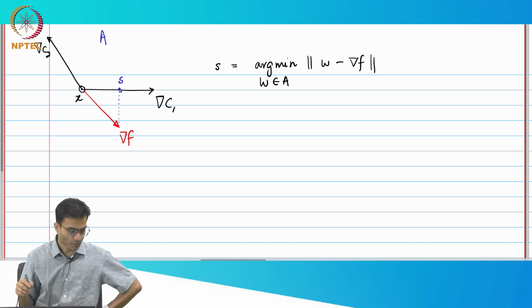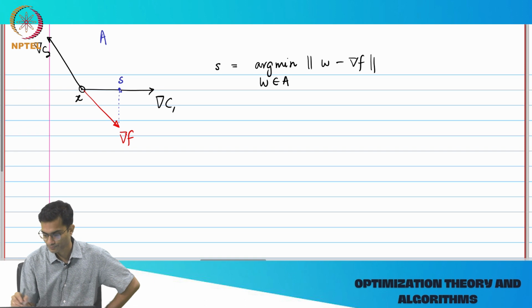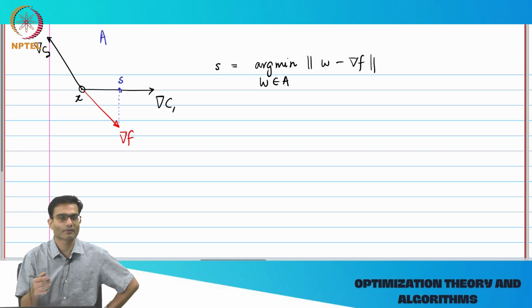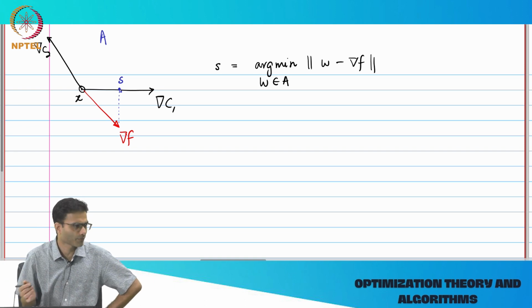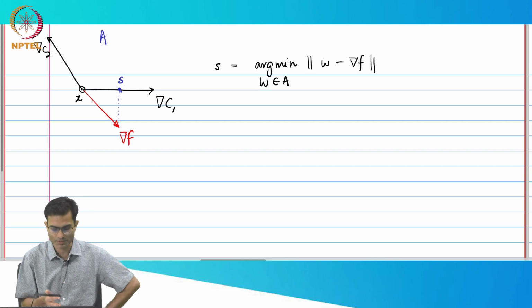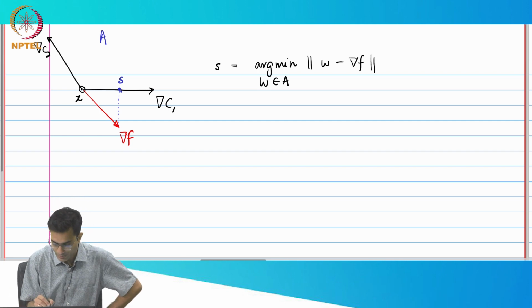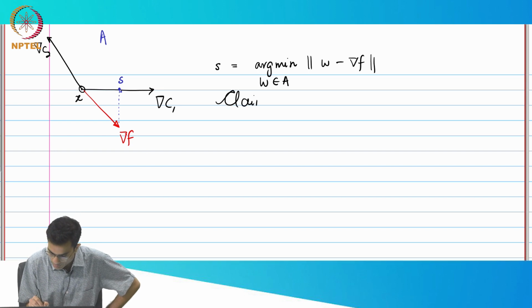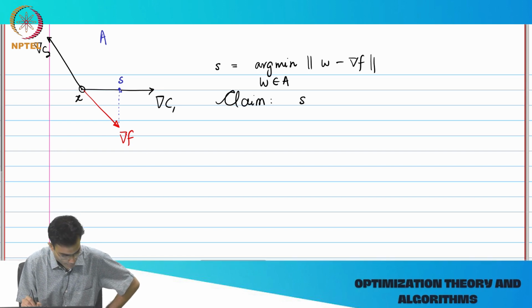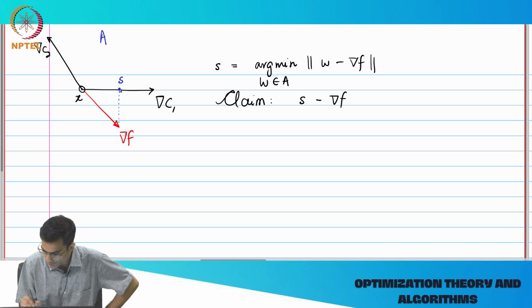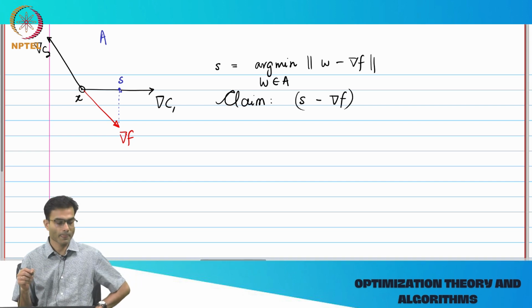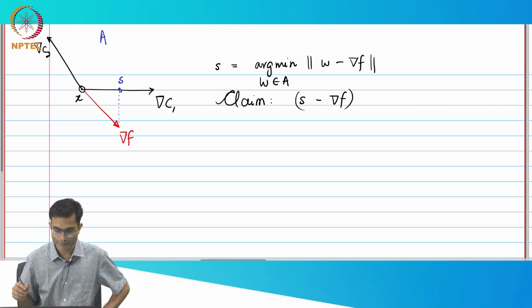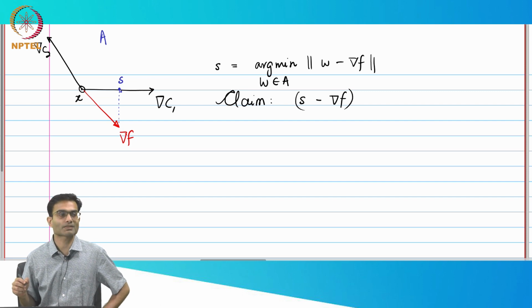Okay. So it looks a little arbitrary that I started with grad f and suddenly proposed this projection point, but there's a reason I'm doing this. The claim is, if I look at this new vector S minus grad f, which way will S minus grad f point?